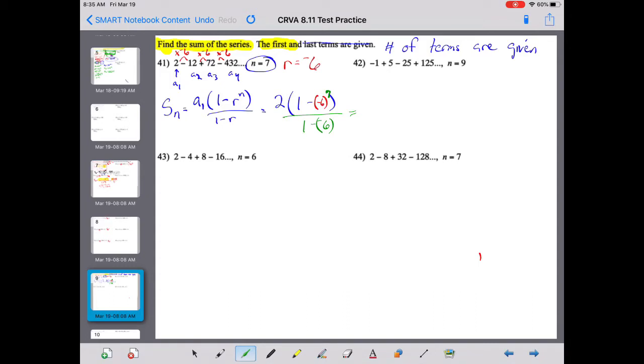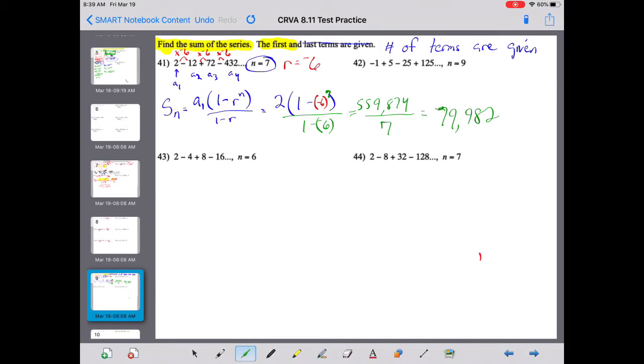And then from there, we are off to the races with our calculator using parentheses, calculating the top. The top gives you 559,874, divided by 7, which gives you 79,982. Excuse me. All right, let's try one more of those.